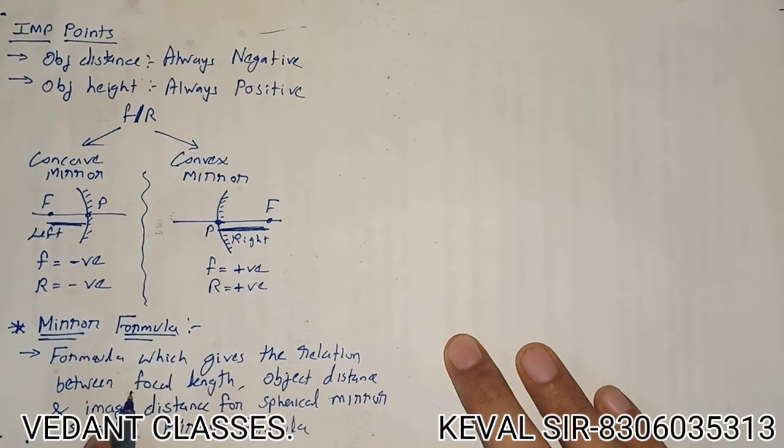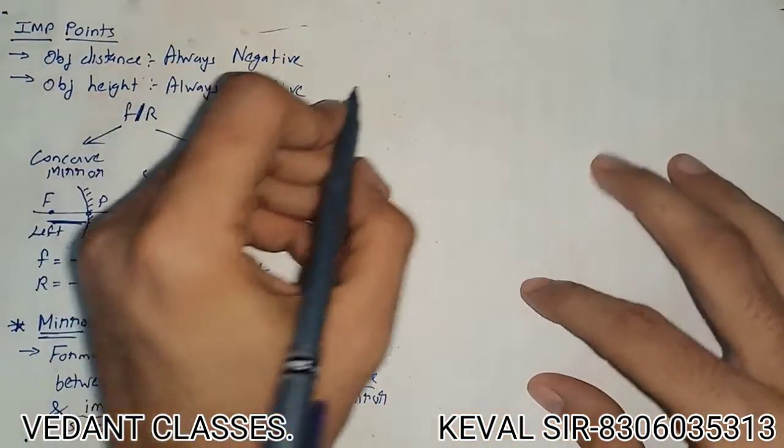So it gives the relation between focal length, object distance and image distance. Okay, so let's see the equation.